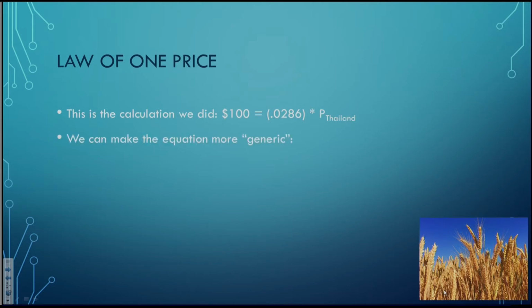By making it more generic, I simply say the US price equals the exchange rate, but again, it's got to be the right one. It's the dollar to baht exchange rate multiplied by the Thai price. So do you agree that that's the same equation that I used right here? I'm just putting in generic language.